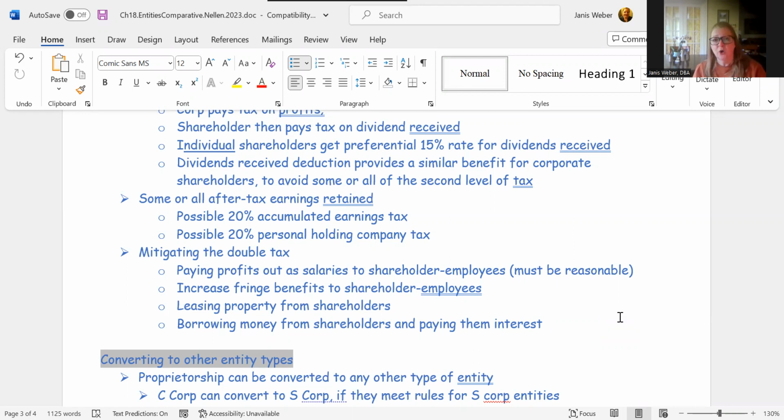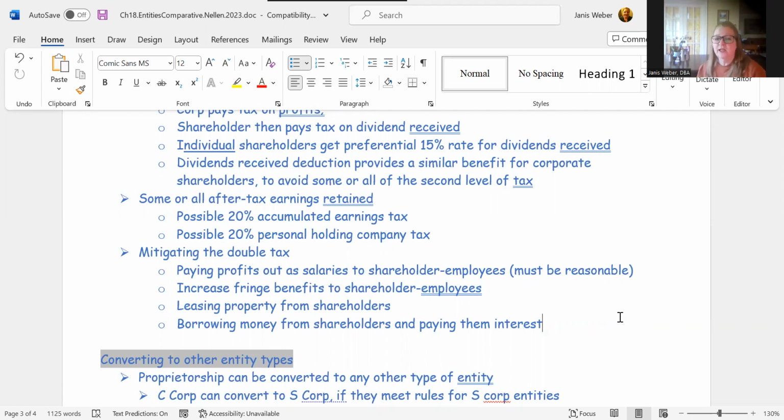So if you can show that the compensation matches the effort and expertise that's provided by the person you're paying, you won't have a problem supporting your salary numbers being high normally. Or if you can find comparable salaries somewhere in the US for the same type of work, that helps too, to legitimize a high salary. But if you can't calculate it as a reasonable compensation, then you just have to stop. You can only take salary up to a reasonable compensation.